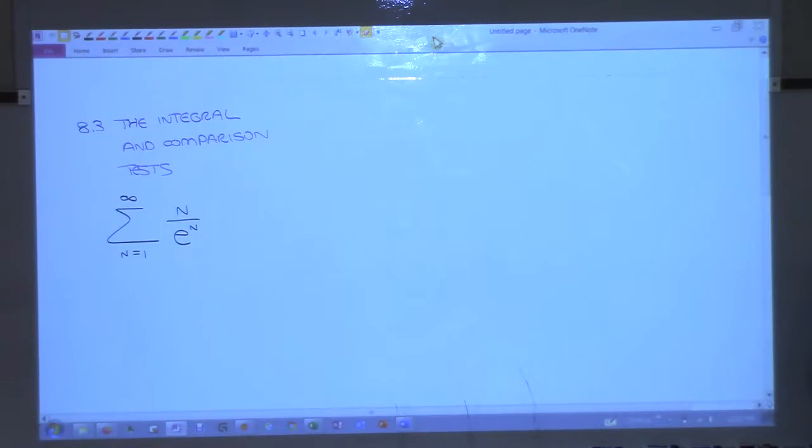You let n go to infinity, top goes to infinity, bottom goes to infinity, right? L'Hopital, right? Run L'Hopital, you get 1 on top, you get e to the n again on the bottom. So run that limit, you get 0. Tells you nothing, you move on.